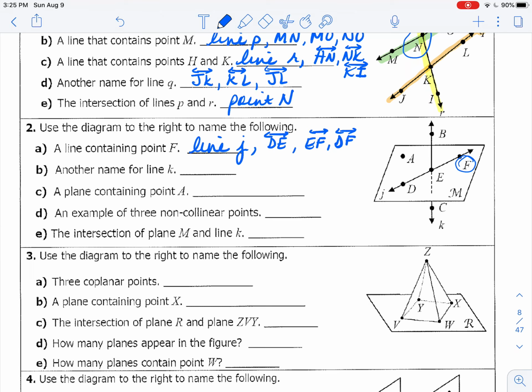Another name for line K, again, as long as you're picking 2 points on the line, I'll identify it as CE, but there are other options.